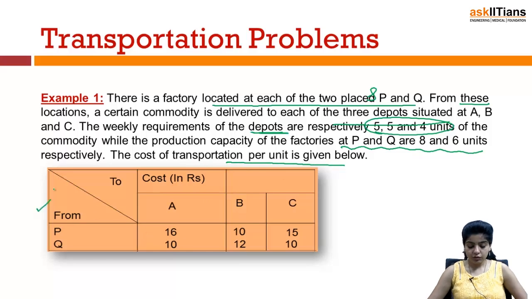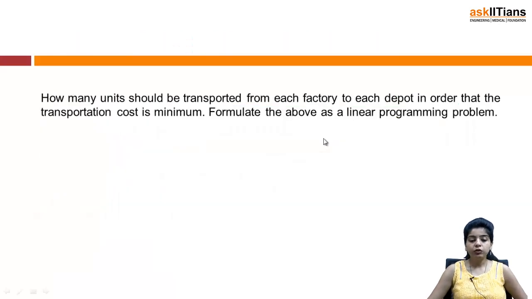How many units should be transported from each factory to each depot in order that the transportation cost is minimum? Formulate the above as a linear programming problem.